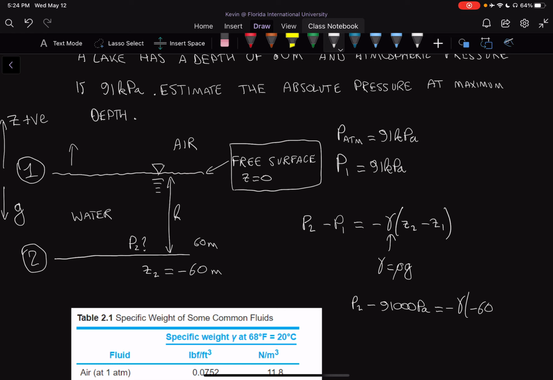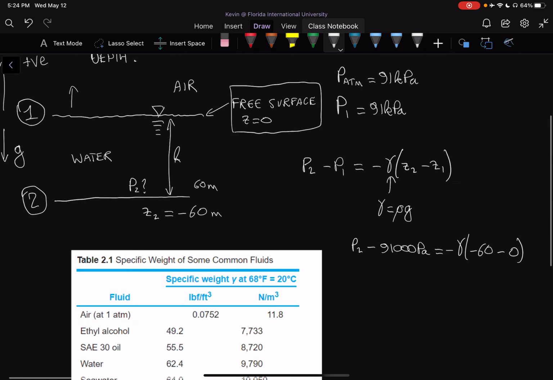Okay, and be careful with the signs here. You want to keep all the signs correct. Minus 0, which is z1. Okay, so we have this equation. And the last piece of the equation that we have to find is specific weight. Now, there's two ways to find specific weight.